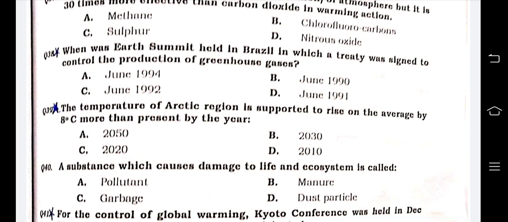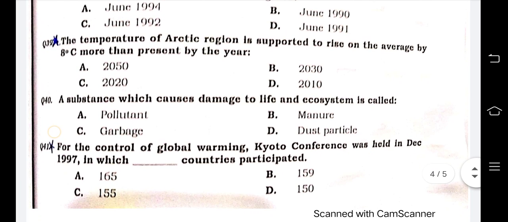Option A 2050, option B 2030, option C 2020, option D 2010. So option B. A substance which causes damage to life and ecosystem is called option A pollutant, option B manure, option C garbage, option D dust particles. So the correct option is option A.